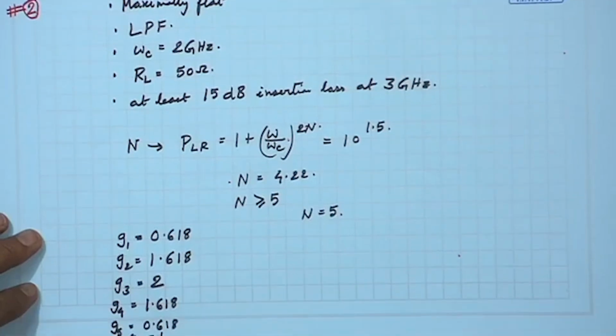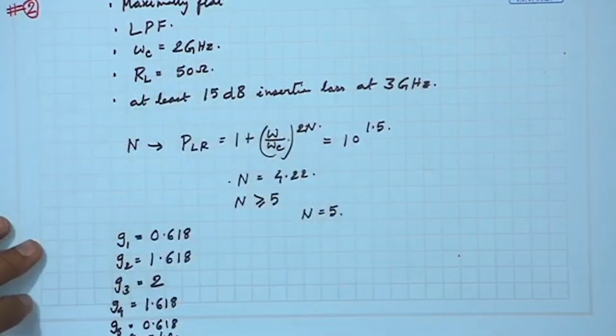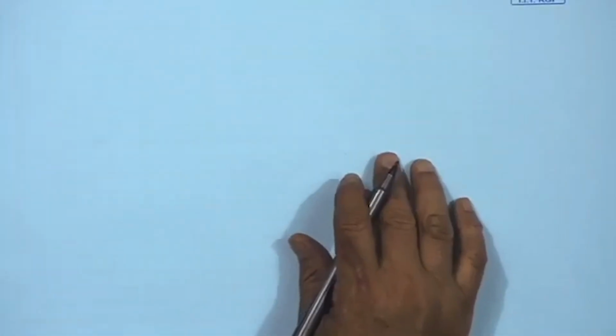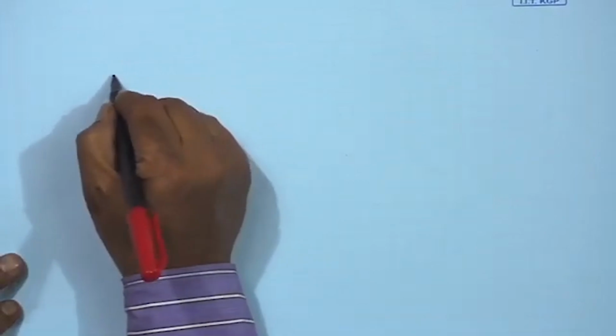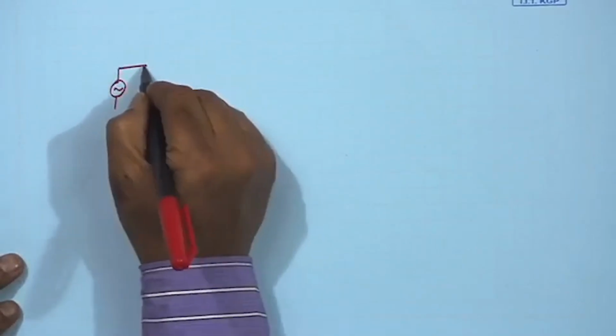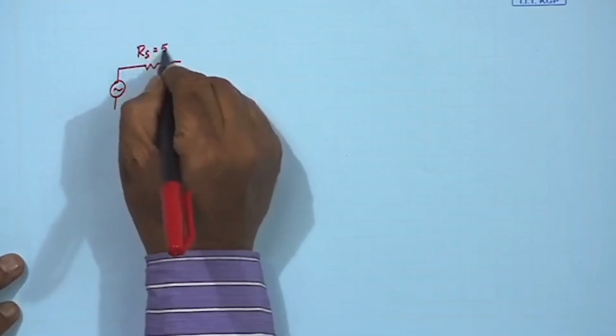G6 is equal to 1.0. Now, you scale up from these values. I can draw the circuit: I have the source, then the source impedance, which has been set to be 50 ohm.